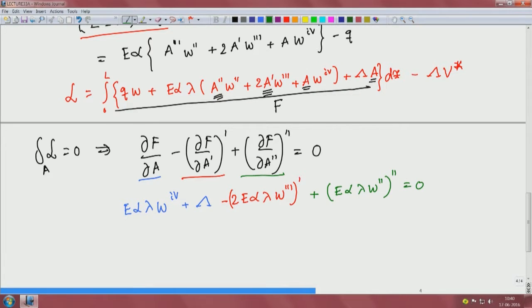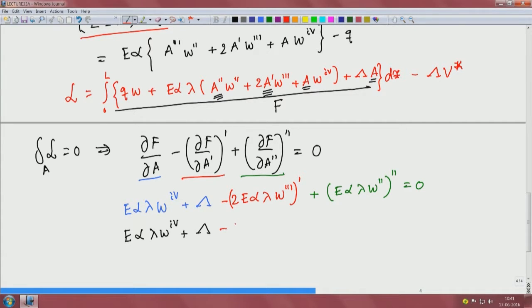Okay. Let us simplify it a little bit here. So we have this one, there is nothing to simplify, E alpha lambda W fourth derivative plus this lambda. This red one, okay, it may be a good idea to leave it alone, because the fourth term will have something coming there.